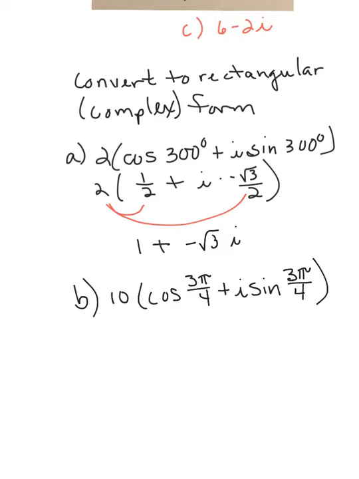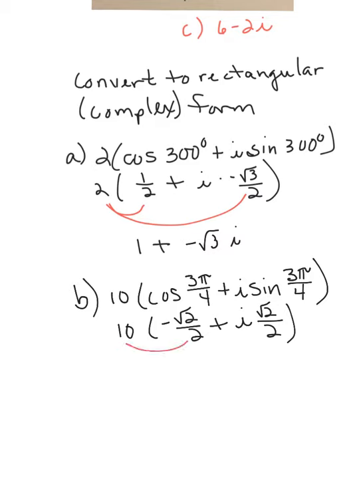So just like we did before, we're going to leave the 10 on the front. We're going to replace the cosine of 3 pi over 4 with what it's equal to, which is negative square root of 2 over 2. Plus, keep the I. The sine of 3 pi over 4 is positive square root of 2 over 2.